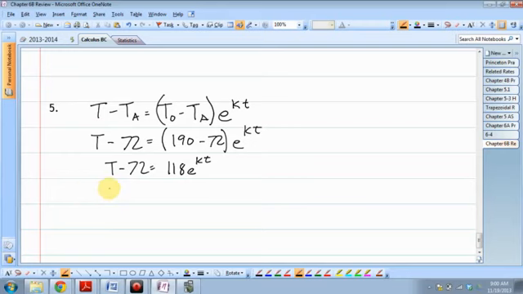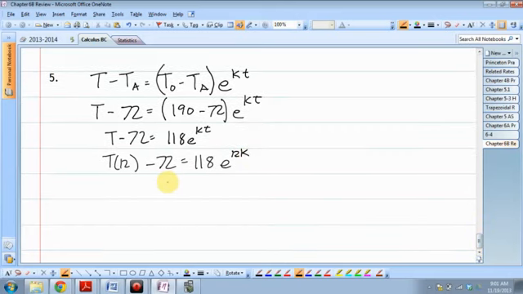Okay, so T of 120 minus 72 equals 118 e to the 12k.